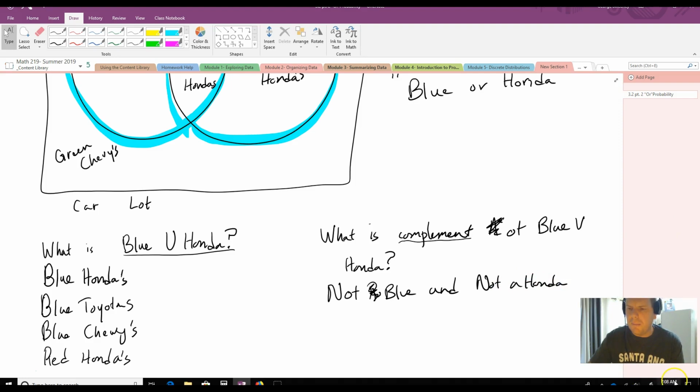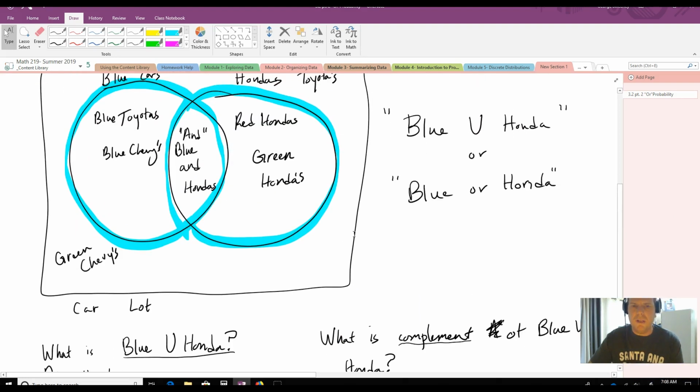So when we do probabilities, what we'll do is we'll think about what's going to be inside of that sample space. So let's say, for example, I'm going to keep them pretty separate at the moment. Of our blue cars that are not Hondas, this thing here, it's going to be N1, and let's say, for example, it's 12. And then we know our blue Hondas, we have N2 is going to equal 7.